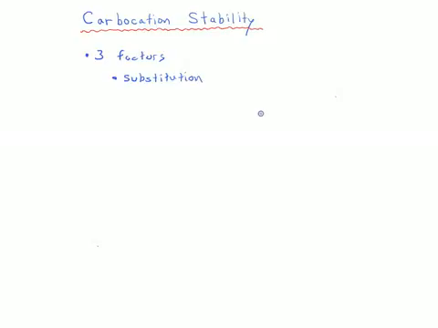And for our purposes, we'll consider alkyl groups to be electron-rich. So the tertiary carbocations are going to be much more stable than secondary, which are in turn much more stable than primary, which are much more stable than methyl. Methyl being CH3+.